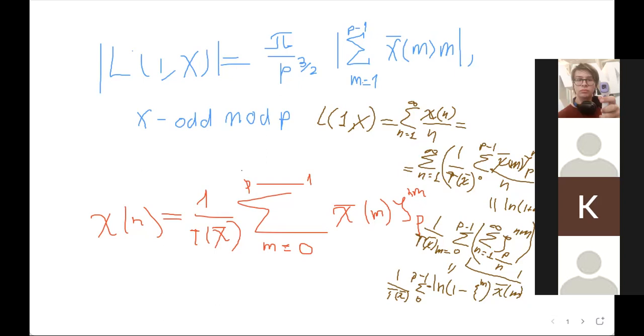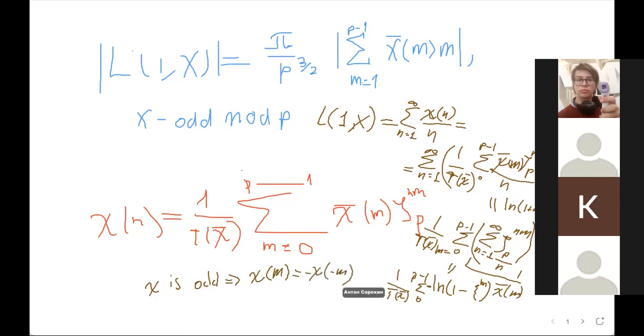So what does it mean that the character is odd? This means that we have an odd character. It means that chi of m is like minus chi of minus m.